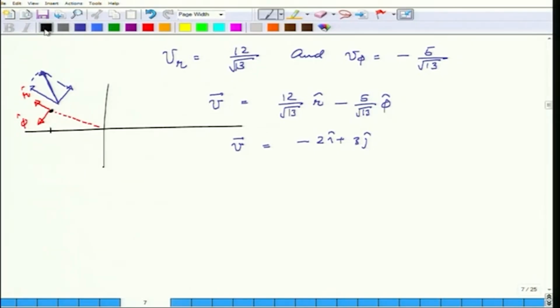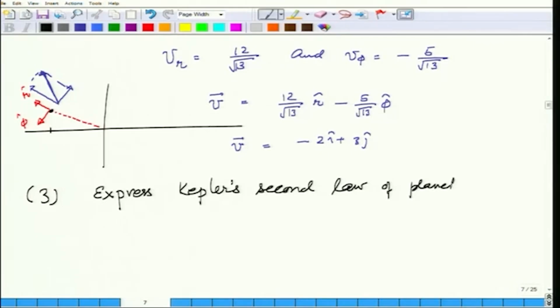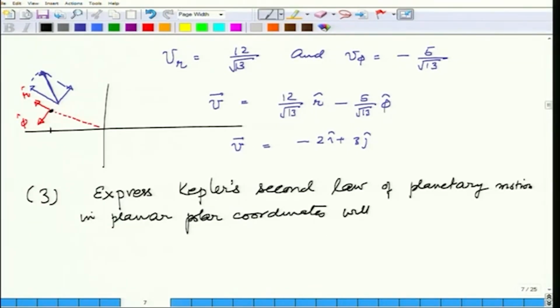Let me now take the third problem. Express Kepler's second law, which is also known as the law of area of planetary motion, in planar polar coordinates with the sun at the origin.